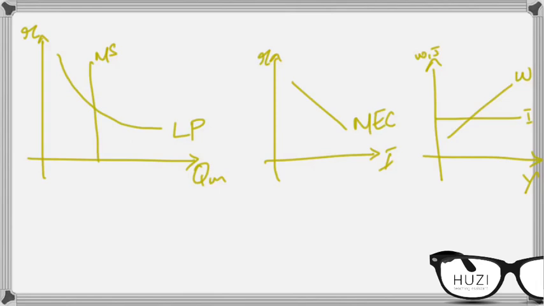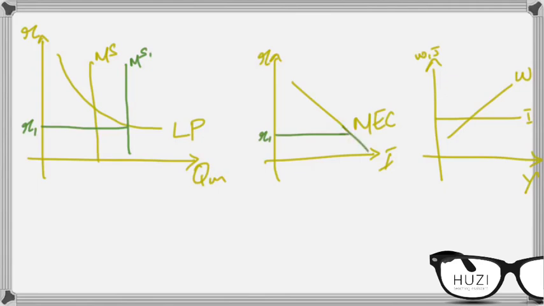So money supply shifts to the right. Let's call this MS1. This leads to a new interest rate. Let's call this R1. This R1 is carried forward to over here.